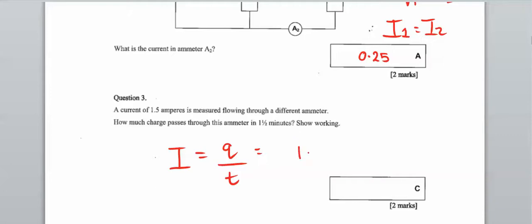So if we have 1.5 amps, then that is an amount of charge over time, and 1.5 minutes we'd have to convert to seconds, so we've got 90 seconds.